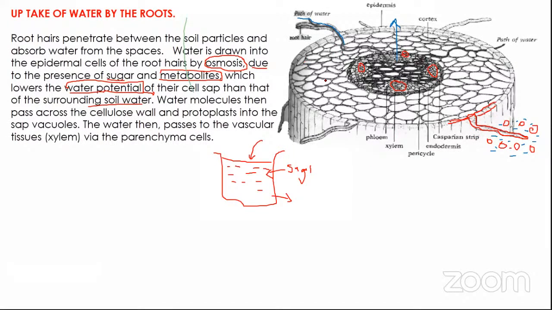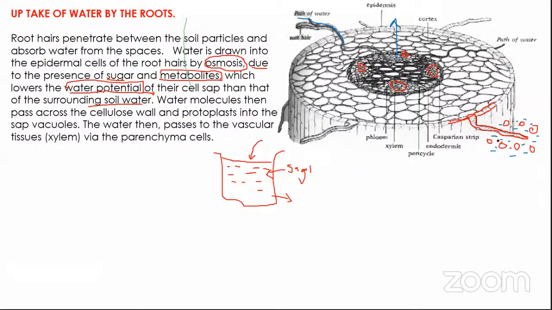I was still telling you that the water surrounding the root hair has a very high water potential compared to the solution in the sap of the root hair cell. Water always wants to move from where there is a very high water potential to where it is low.